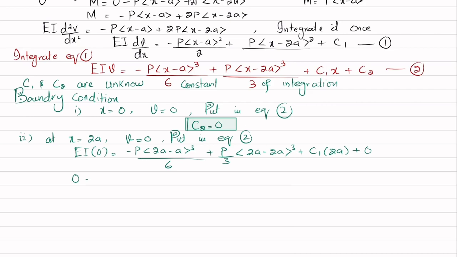So this term EI times 0 gives minus P a³ over 6, and the other term will be equal to 0 as well, because 2a minus 2a is 0. So this term will be 0, plus 2a C1.